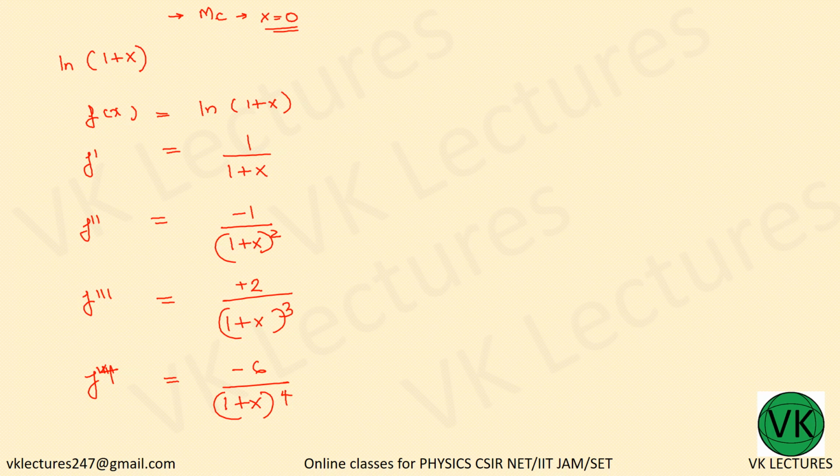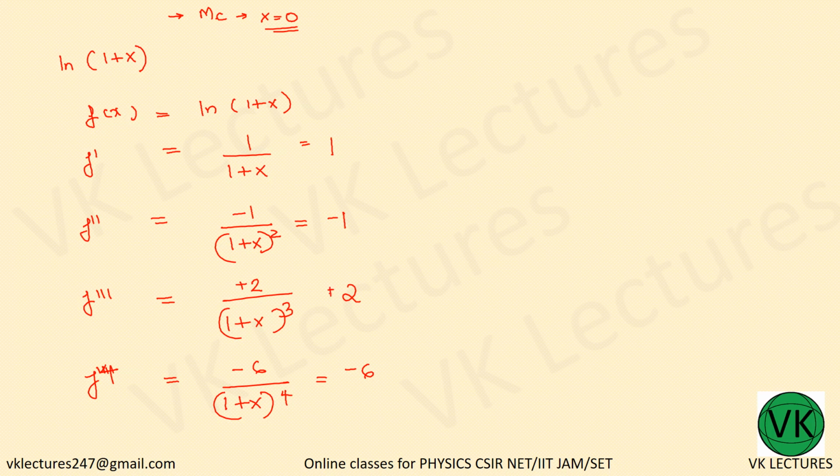Now we need the function at x equal to 0. So at 0 it is 1, at 0 it is minus 1, at 0 it is 2, right? At 0 it is minus 6.